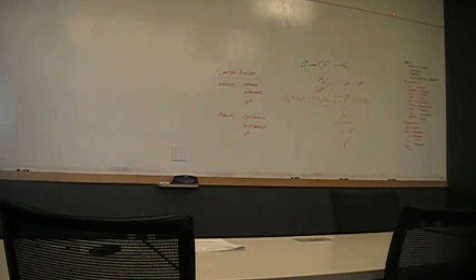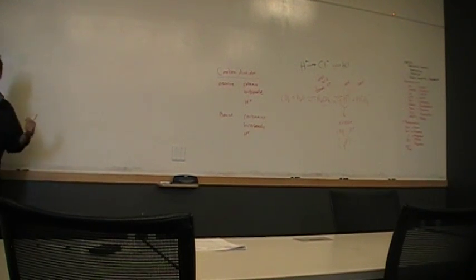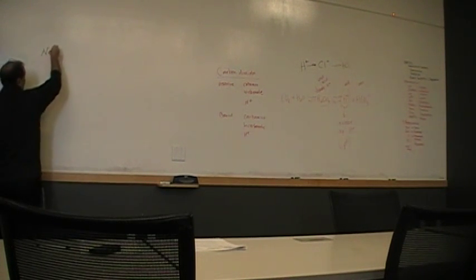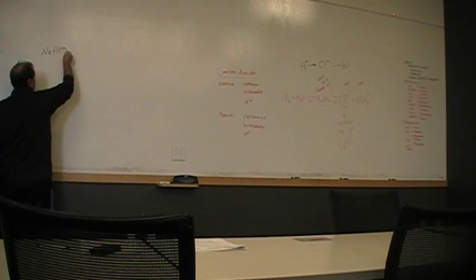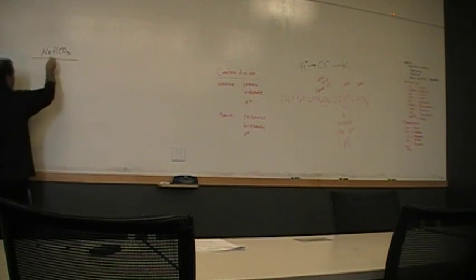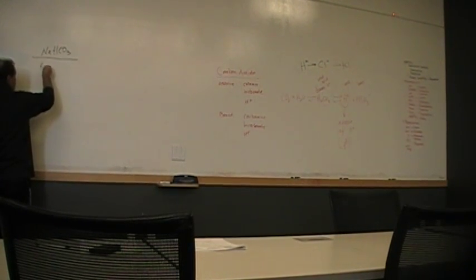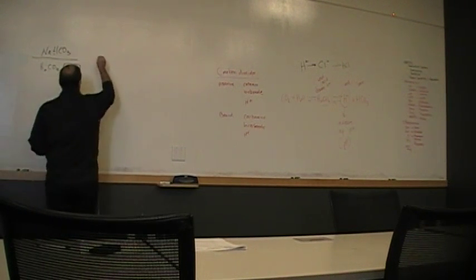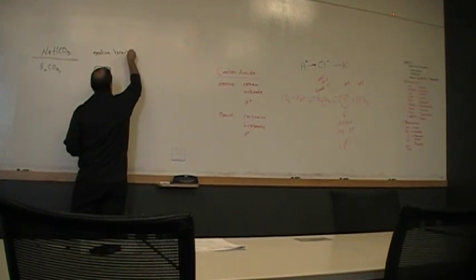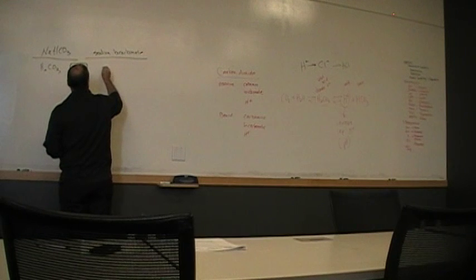Forgive me, Alicia. The way the body buffers these strong acids is they use sodium bicarbonate, NaHCO3. That's the chemical compound for sodium bicarbonate. Sodium bicarbonate, carbonic acid, H2CO3. So sodium bicarbonate, carbonic acid.